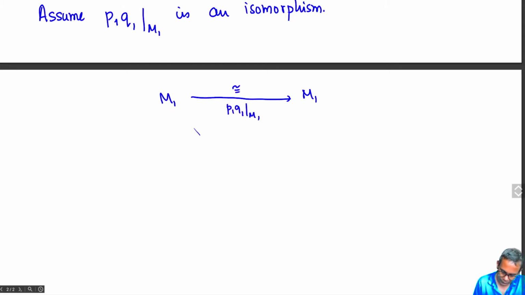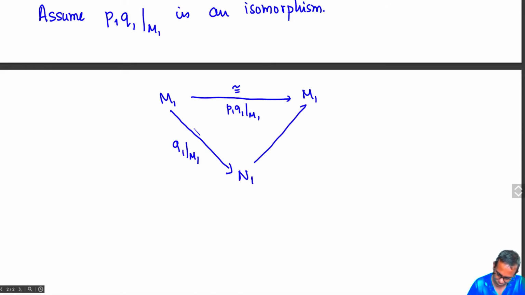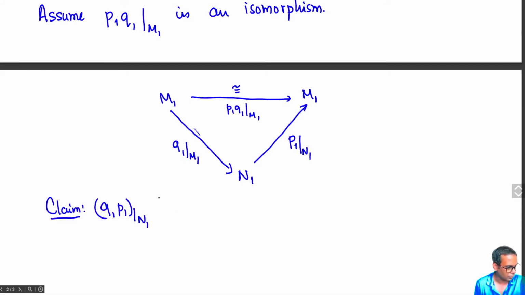If I take Q1 restricted to M1, it goes to N1 because the image of Q1 is contained in N1, and P1 restricted to N1 goes back into M1. What we are saying is that this composition is an isomorphism. Now I claim that Q1P1 restricted to N1 is also an isomorphism.